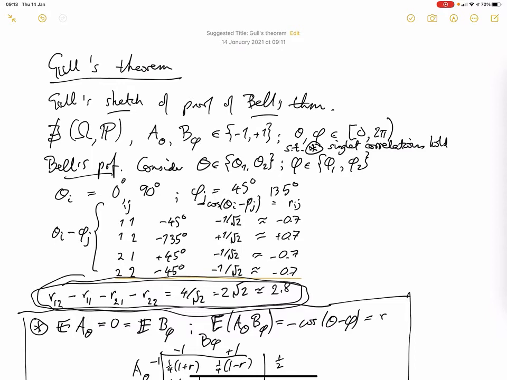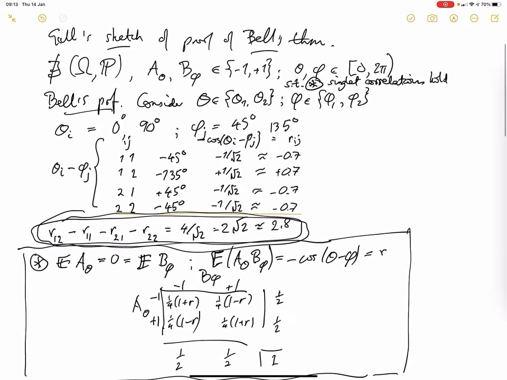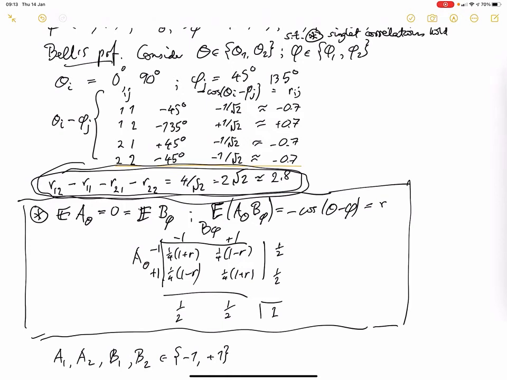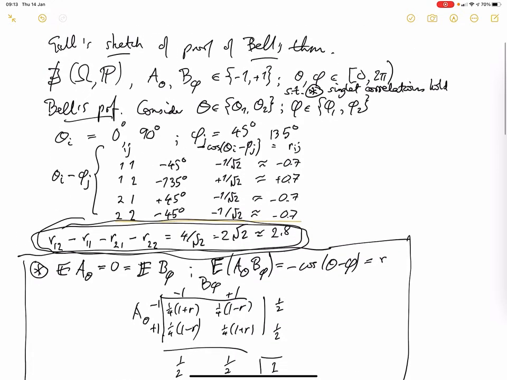variables, taking values in -1 and +1, having a certain probability distribution. That probability distribution is called the Singlet Correlations, and it's given in this table, or well, this is a description of the joint distribution of one of the A's and one of the B's.